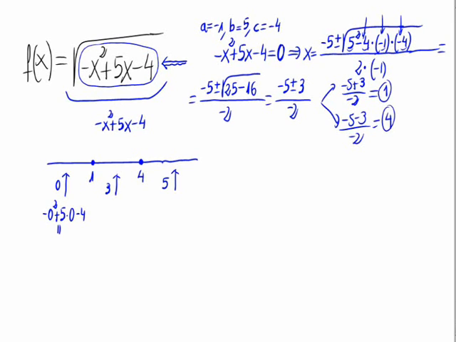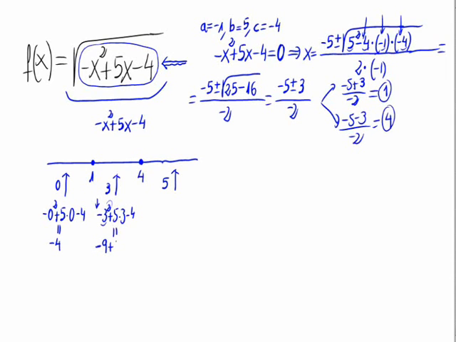Let's go with the 0. Minus 0 squared plus 0 times 5 minus 4, that is minus 4. Let's substitute the 3, and we would have minus 3 squared plus 5 times 3 minus 4, and that is equal to, be careful with this, we have minus 3 squared, but the square only affects the 3, not the minus sign, because there's no parentheses.